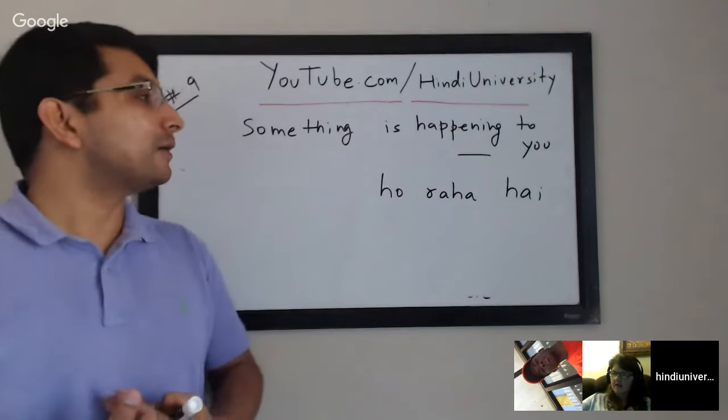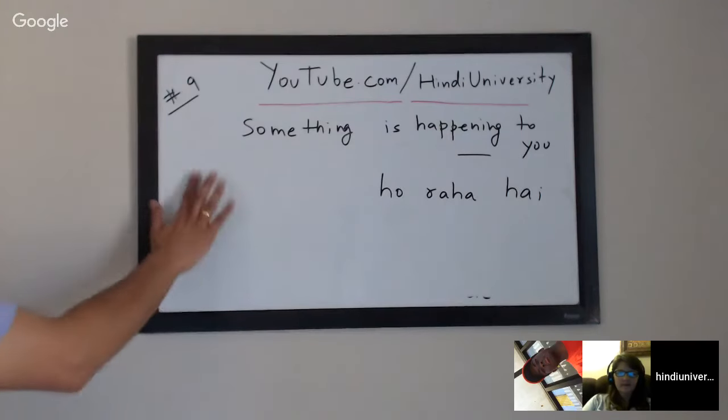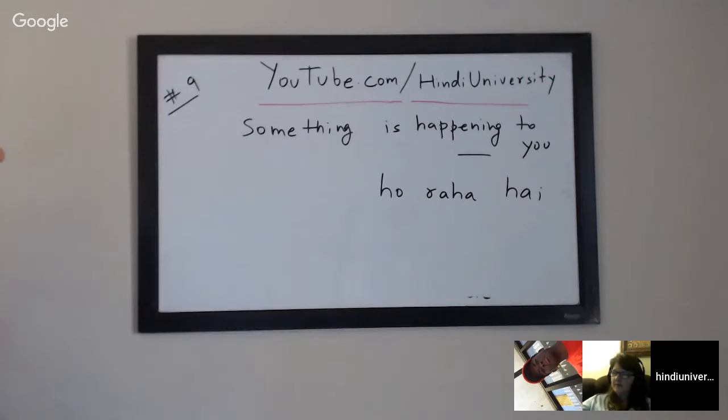Or fever is coming to me. It may not make sense to you, but that's how the sentences are structured. Or thirst is coming to me. In English it is straightforward: I'm feeling thirsty. So I'll give you one example, and then we'll jump to some more quizzes.